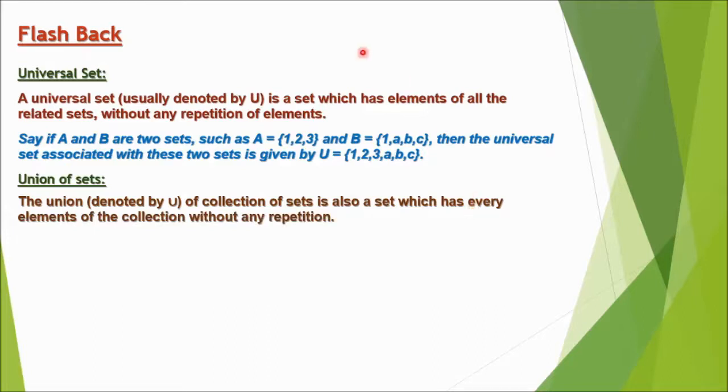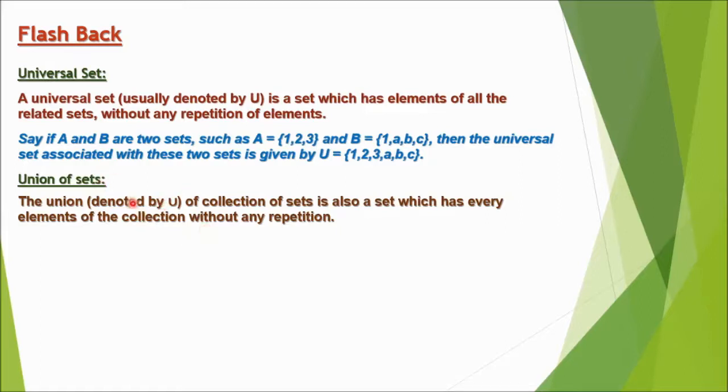Now there is a similarity between a universal set and the union of sets, but they are not completely equal. We cannot say that the universal set and the set obtained after the operation of union are equal; in some cases they may be equal, but in some cases they may not. We will discuss in which cases the union of sets and the universal set are not equal.